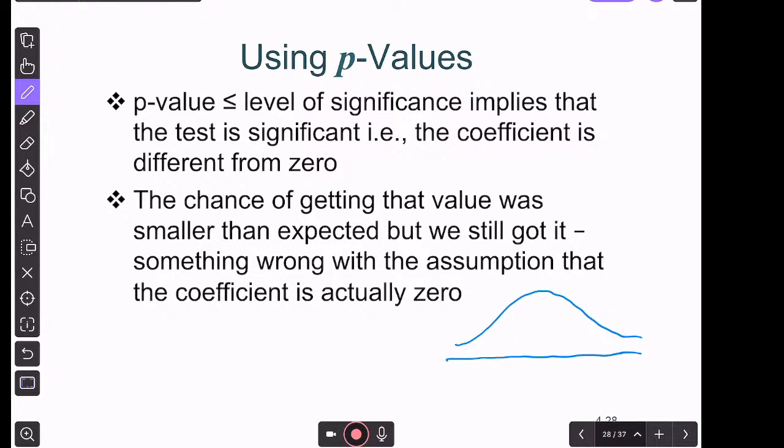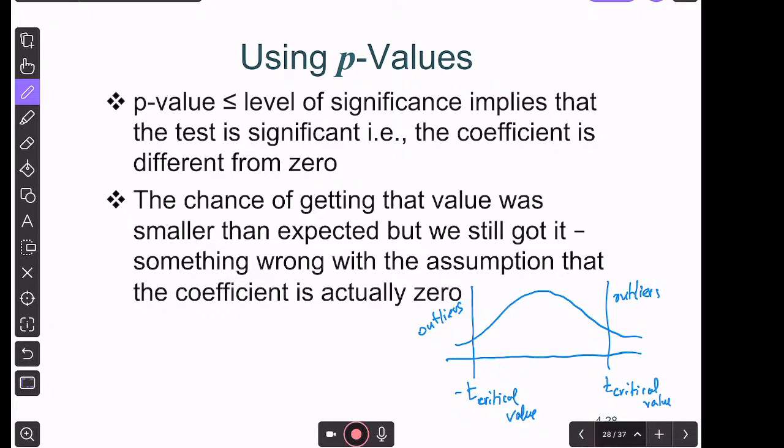I can use the critical value that I found in a chart that tells me where the outliers start.